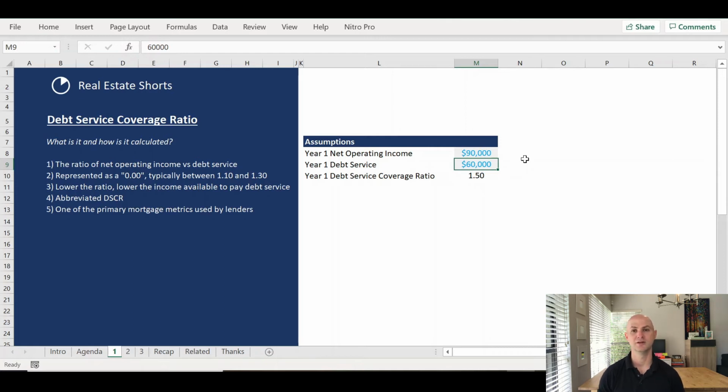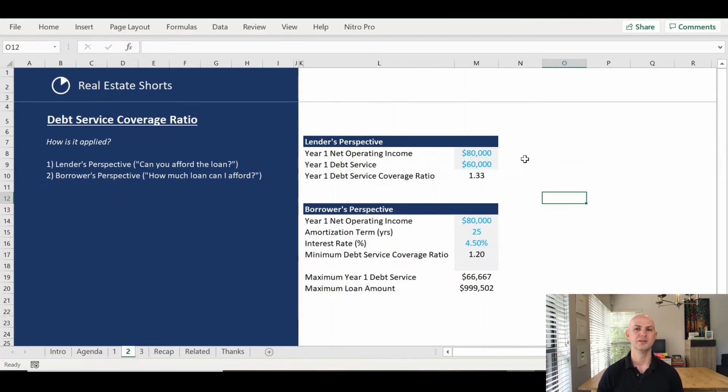In any event, what we're really looking for is anything over 1, because confirming that you have enough income to satisfy that debt service is going to be the first step, both for you as a borrower and for the lender. Thereafter, we get into considerations of loan type, loan terms, and definition of income, which we'll get to in a moment, so that you can get as close to that lender's requirement as possible.